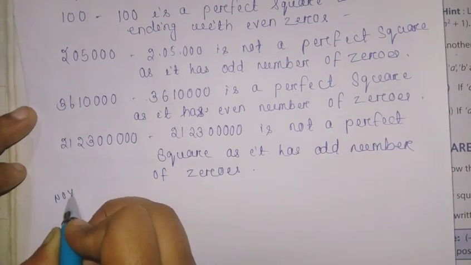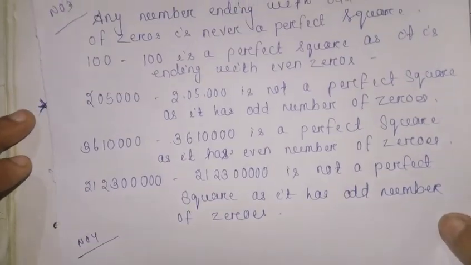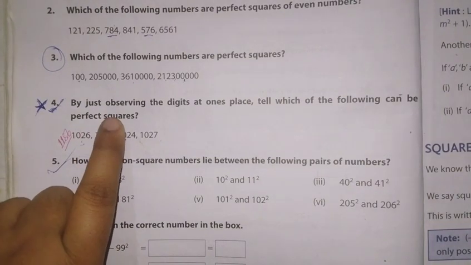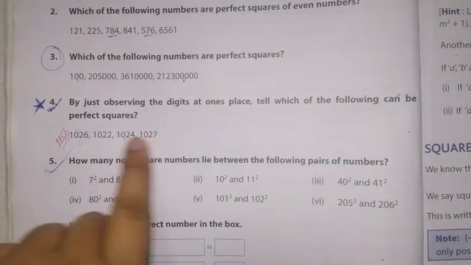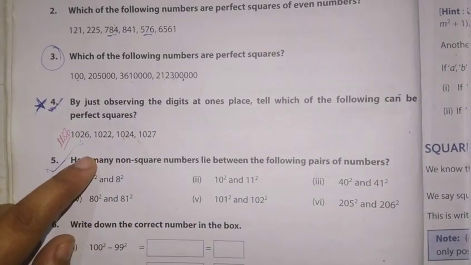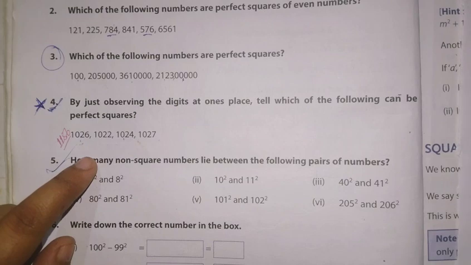Now solve question number 4. By just observing the digits at the ones place, tell which of the following can be perfect squares. The numbers ending with 2, 3, 7 and 8 are not perfect squares.